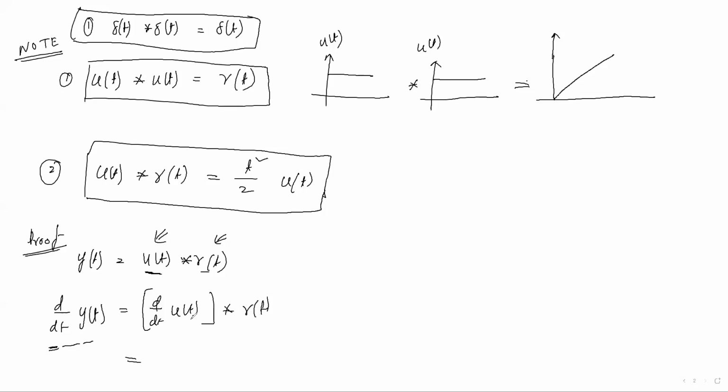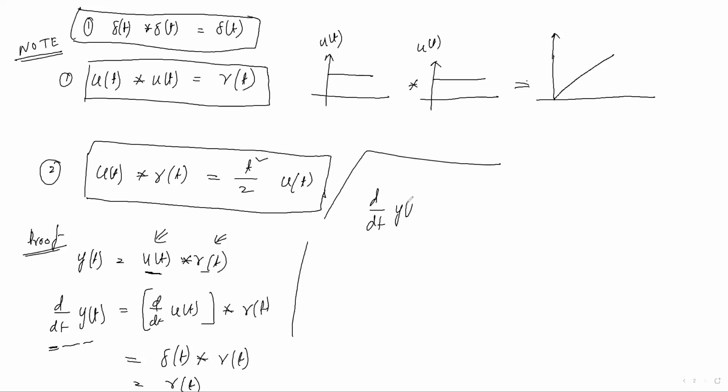The differentiation of U of t is nothing but delta t. We make this problem simple, that's why we are taking differentiation. So when we take the convolution between delta t and R of t, we get R of t. Understand?